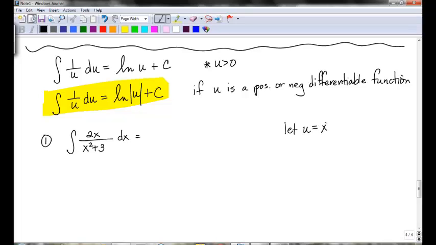Yeah, the x squared plus 3, right? And if you take the derivative of both sides, du is going to equal 2x dx. Now I should be able to sub in u for that bottom part, and I can sub in du for the 2x dx. So I'm going to have the integral of 1 over u with respect to u.